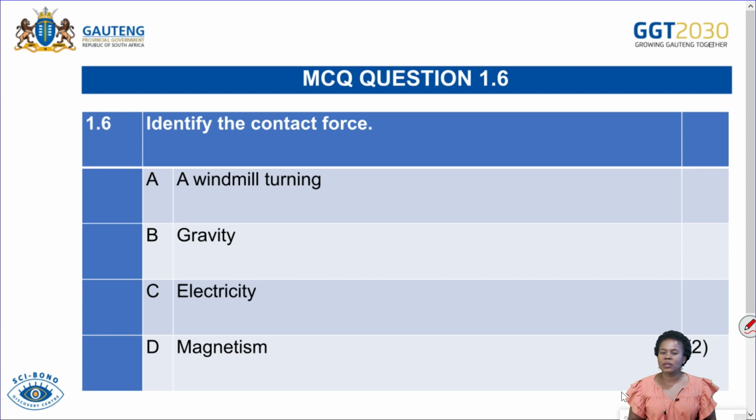No, we've already counted gravity as a non-contact force. Electricity? No. Magnetism? No. I can pull magnets, north to south, or north to north, or south to south, and you find there is that magnetic force in there. So the correct answer here is A, which is the windmill turning.